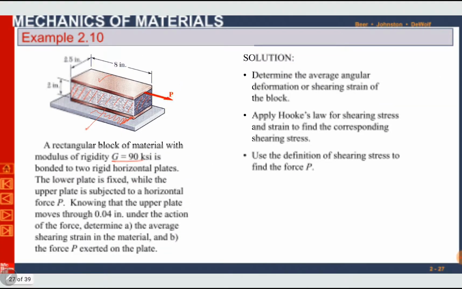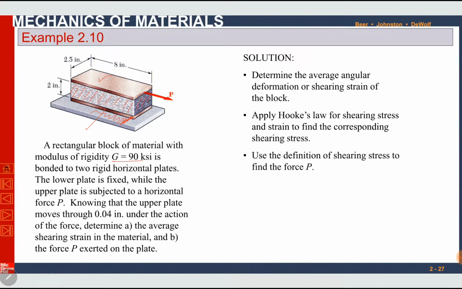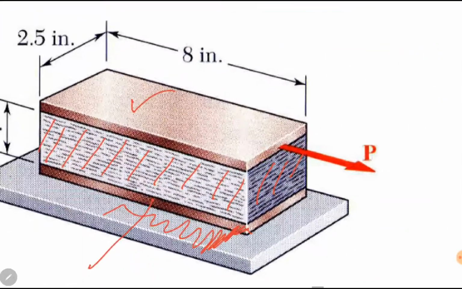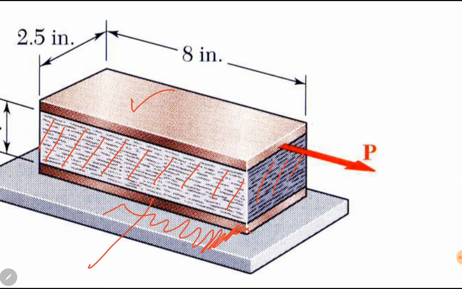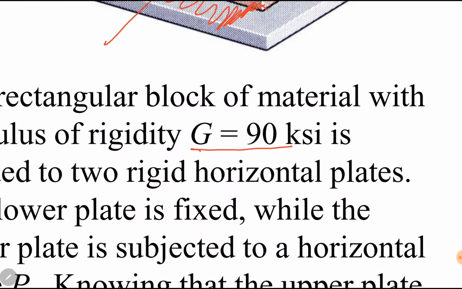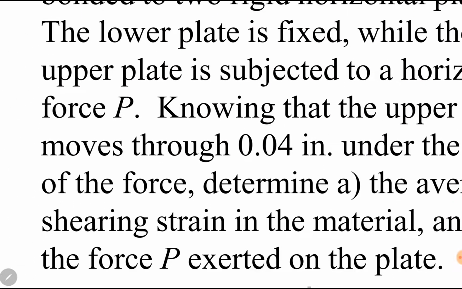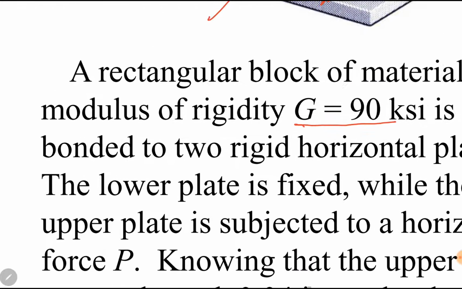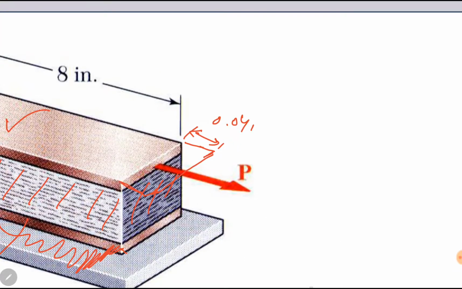Knowing that the upper plate moves through 0.04 inch in the direction of the force under the action of the force P. Yes, 0.04 inch in the direction of the force.